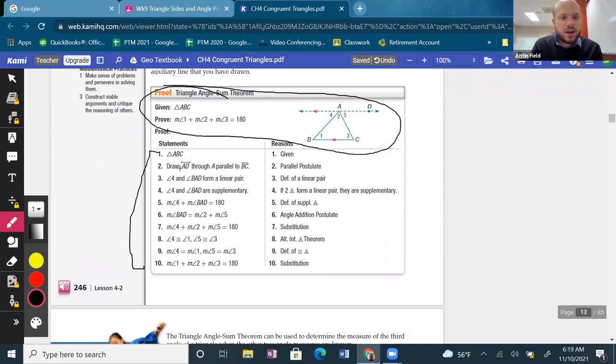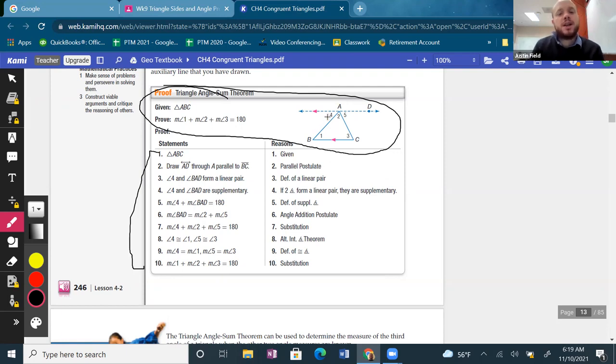All right, so our auxiliary line there is here, and it's parallel, okay? And so what does that do? Before we even look at this proof, let me just give you the proof plan.